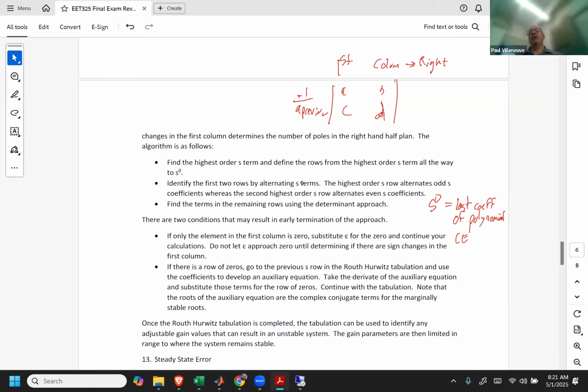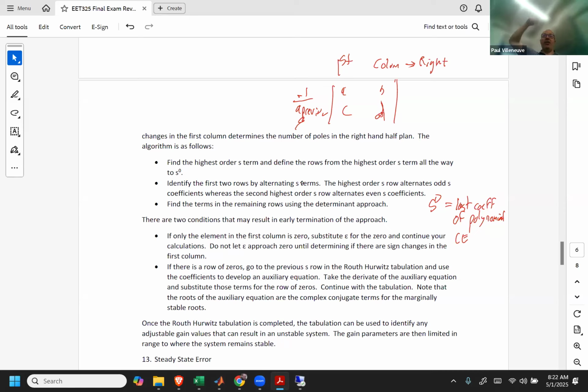If you have a 0 in the first column only, then whenever you do this over here, 1 divided by 0 is going to be infinity. So that's when we substituted in the little value of epsilon. If you had an entire row of zeros, then you had to use the auxiliary equation, which means go one equation up, grab the coefficients from there, take the derivative of that, and continue processing.